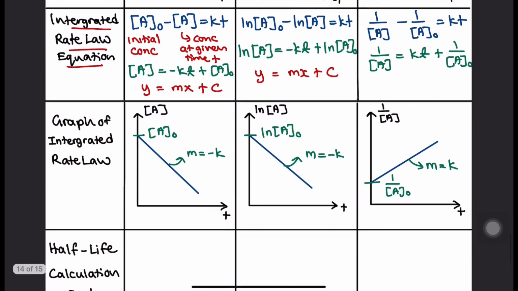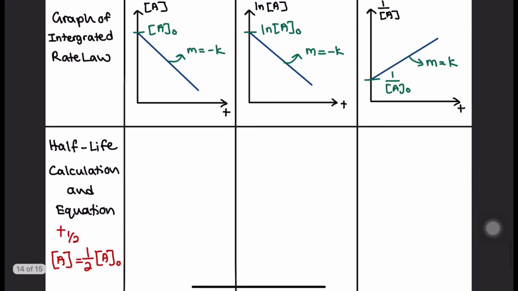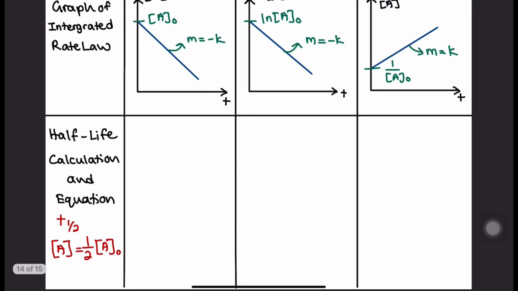The final comparison between zero order, first order and second order reaction would be on half-life. So what is this half-life? Half-life is the time taken for the concentration of a reactant to decrease to half of its initial value. And the symbol used for this would be t-half.